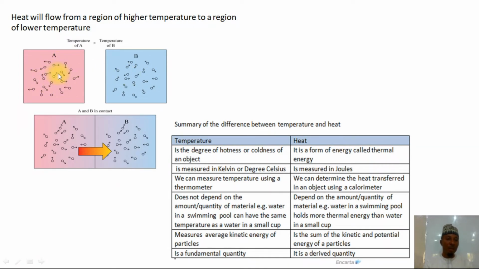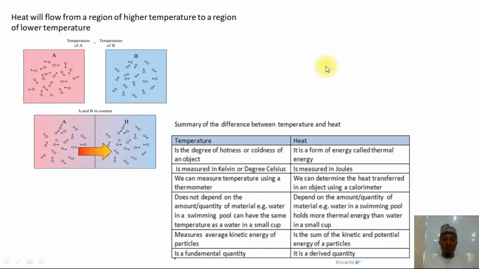Now when you bring A and B together, heat transfers from A, where we have more kinetic energy, to B, where we have less kinetic energy, until both of them reach a common temperature known as equilibrium temperature.